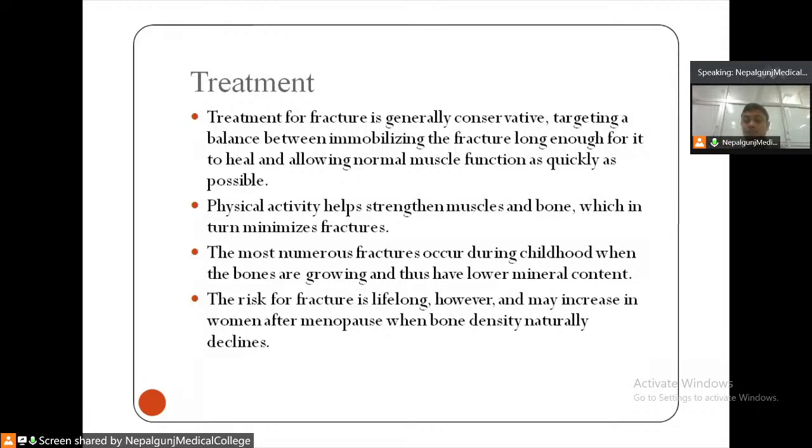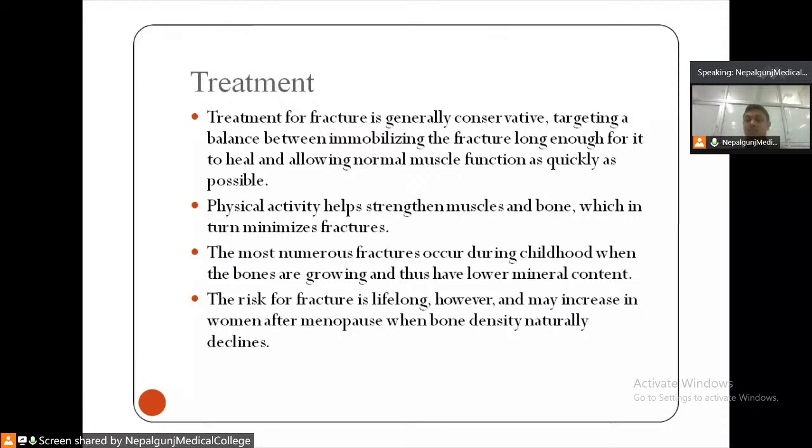The most numerous fractures occur during childhood, when the bones are growing and thus have a lower mineral content. Pediatric bones have a lower mineral content and are growing in size, so they are more susceptible to fractures. The risk of fracture is lifelong. In type 1 and type 4 osteogenesis imperfecta, the child will survive a longer period and live up to adulthood as well.